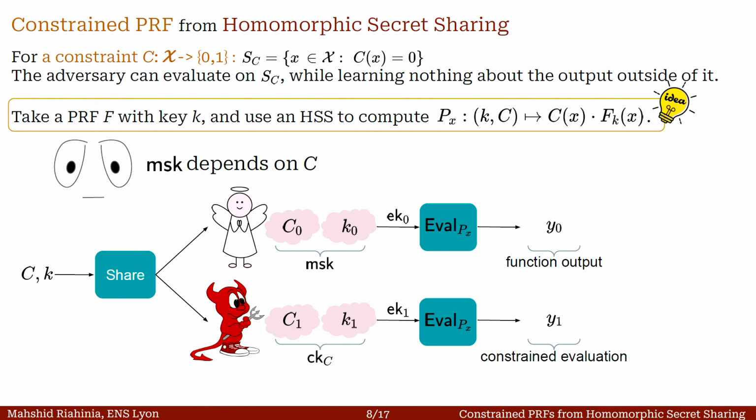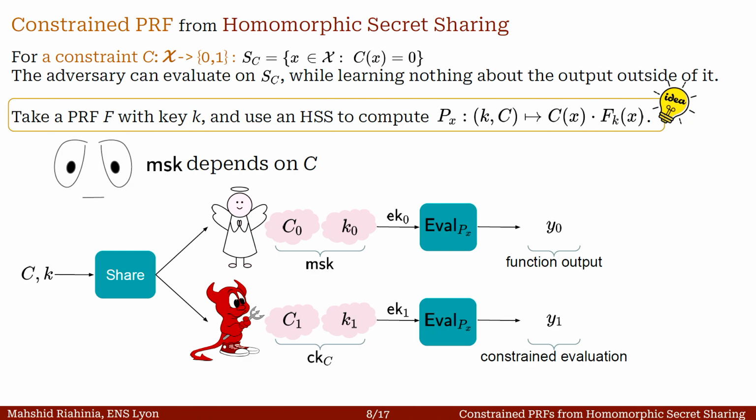Okay, and the person doing the evaluation has both of these things? Yeah. So the input X is not fixed. So I could evaluate with EK0 and run it on any X? Yeah, exactly. Okay. Great.